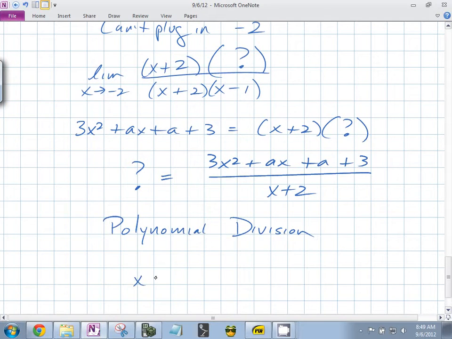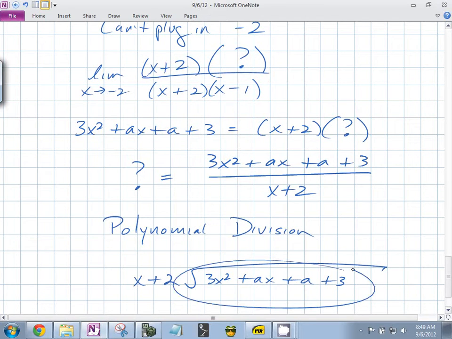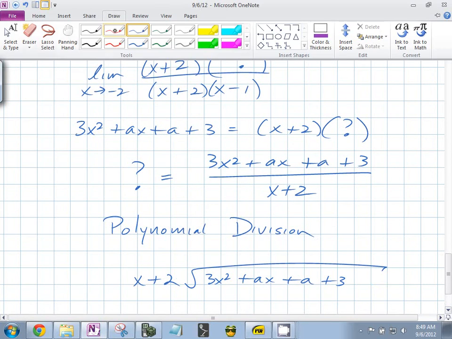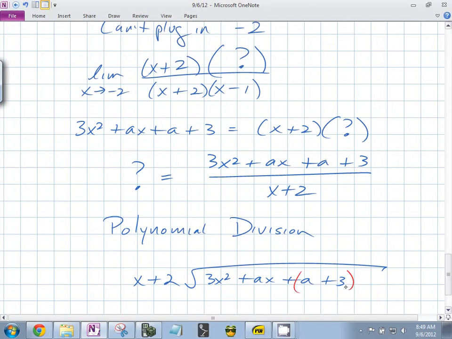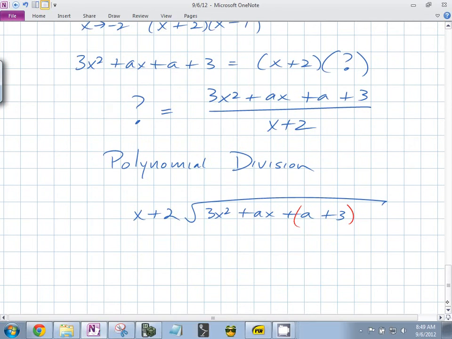You're doing x plus 2 into 3x squared plus ax plus a plus 3. What part of that polynomial is the constant? So what's the constant? A plus 3. What's the leading term here? So it's 3x squared over the leading term right there, which is, what's the 3x?